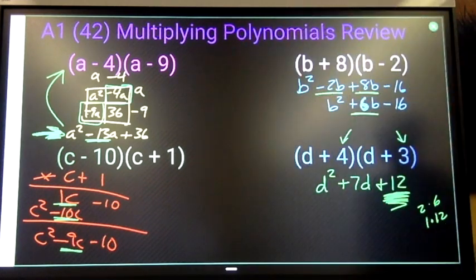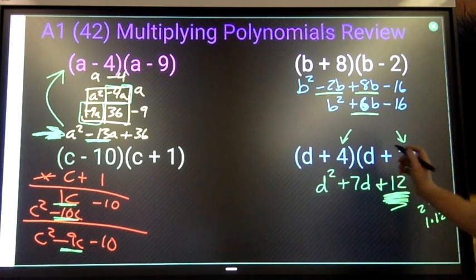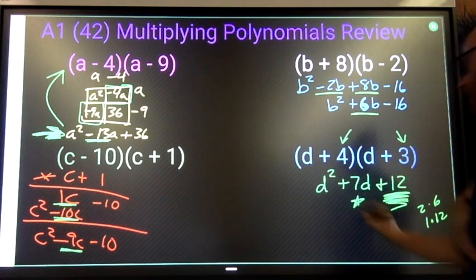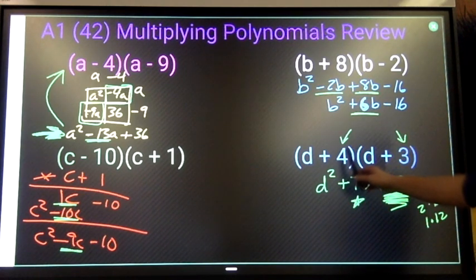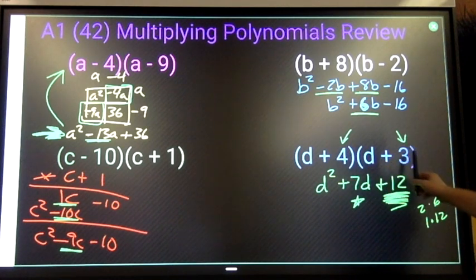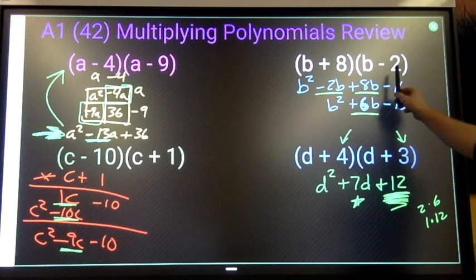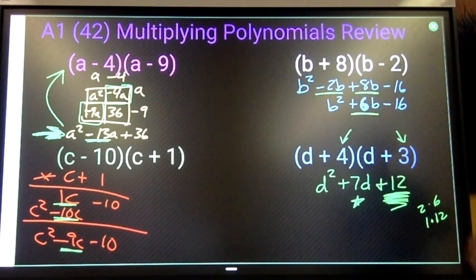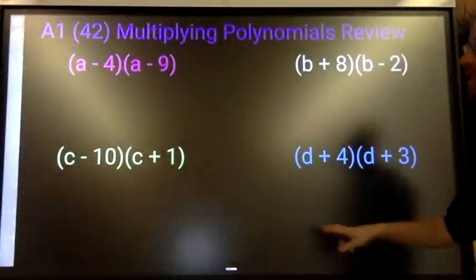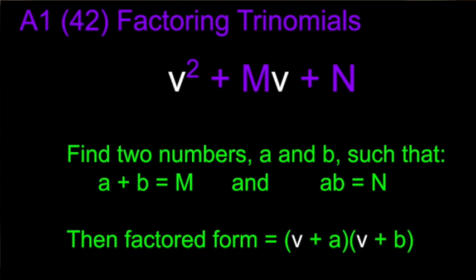Combining like terms. So this center number ends up being the sum, 4 plus 3. 6 is 8 plus negative 2. Now, when we have those two pieces together, that's what we need to be able to factor. Take a couple seconds to copy this.